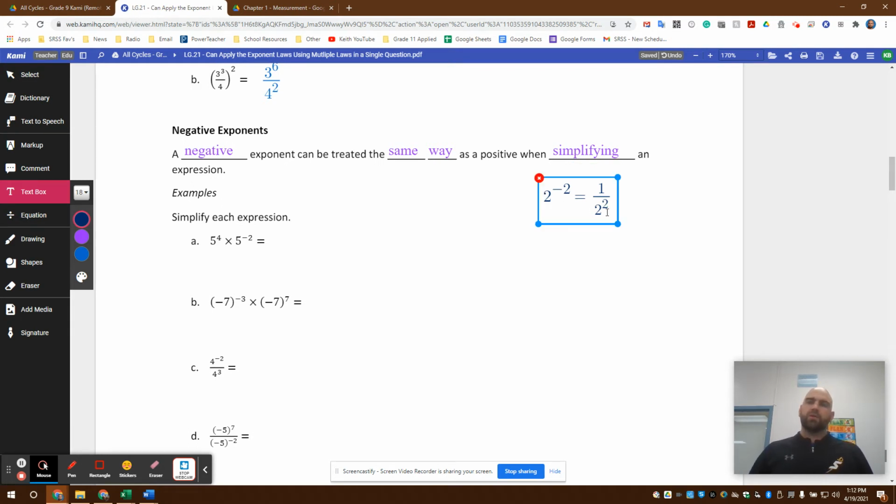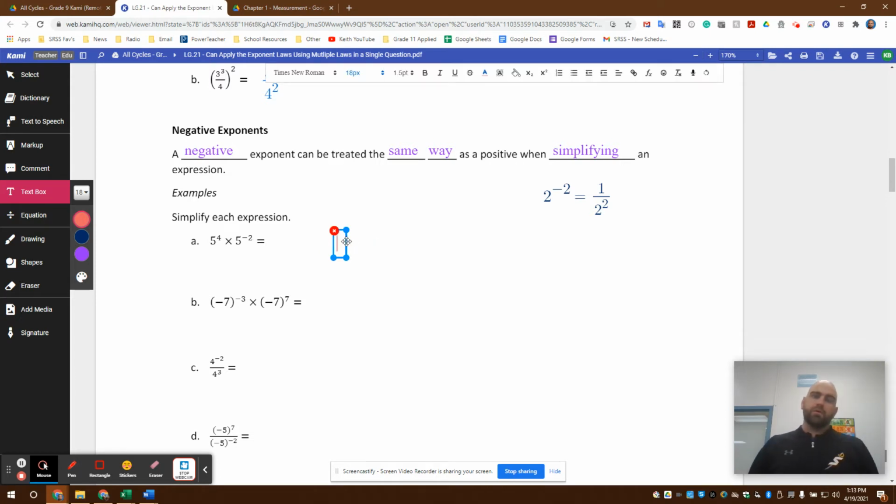Okay, so now we're multiplying. 2 times 2 is underneath here, so it's 1/4. Okay, so it's 1/4 instead of 4. When we have a negative exponent and we want to try to simplify it, again, same base, we can do that the same way that we would before, except now we're dealing with negatives. So right here, we have 5 to the power of 4 times 5 to the negative 2.